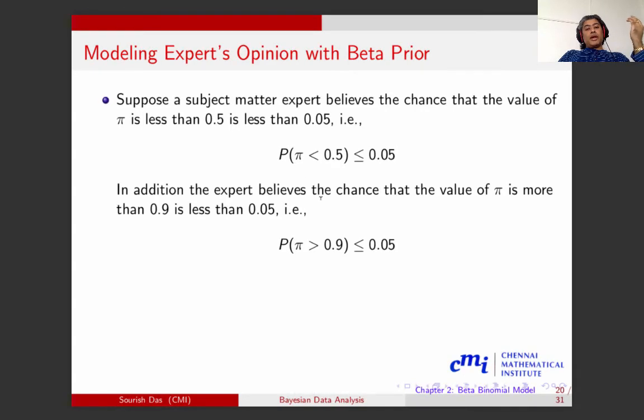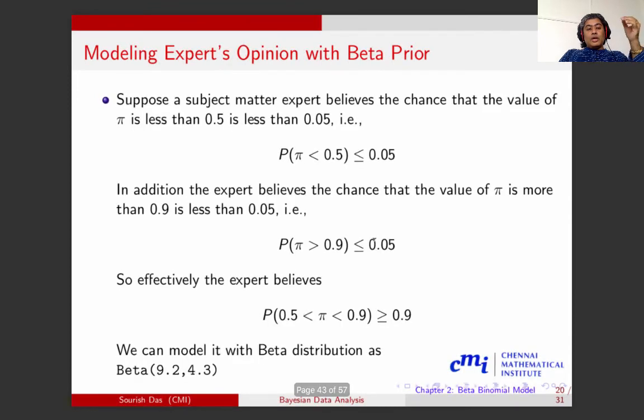In addition, the expert also believes that the chance that the value is more than 0.9 is also very small, that pi is greater than 0.9 with probability 0.05. So if we combine these two, then effectively the expert believes that the true value of pi is between 0.5 and 0.9, with probability 0.9.